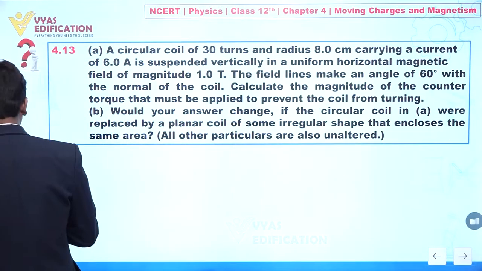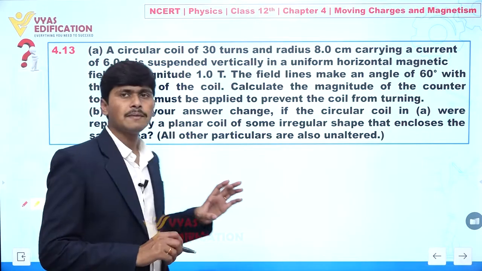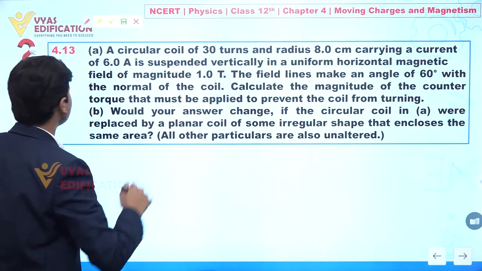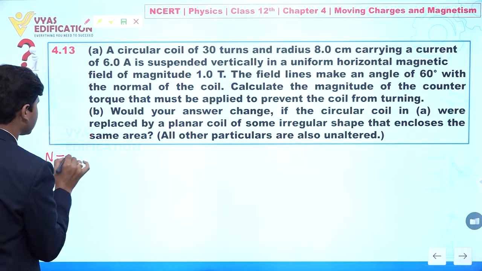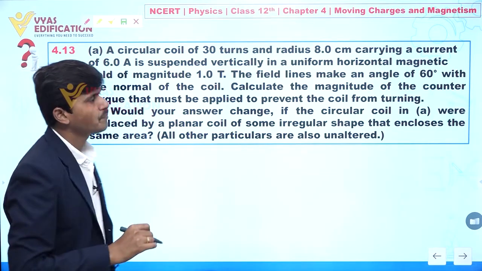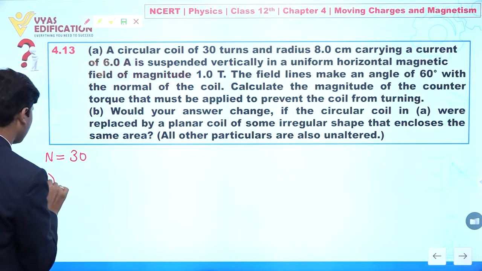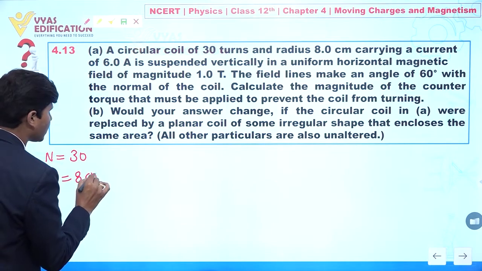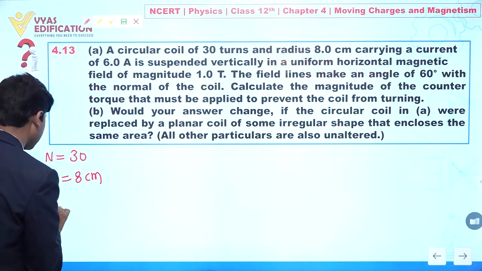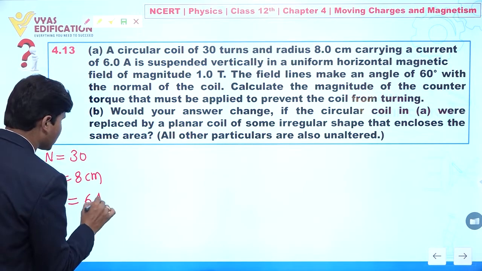So now concentrate. First of all, I am writing here all the parameters that are given to you. Number of turns is 30. Radius is given, r equals 8 centimeter. It is carrying a current of 6 ampere.